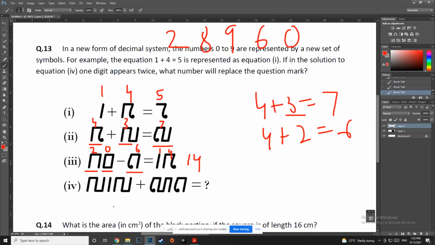We need 8. What do you think would be 8 then? What is one symbol that we have not recognized yet? This one, right? So it will be 86 and 3, 3, 1, 3. What do we get?